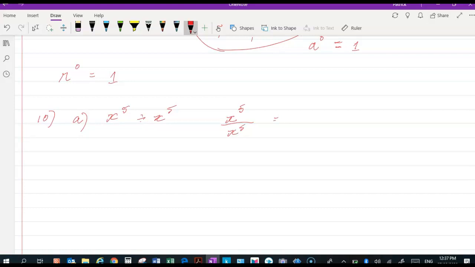And that is written as x times x times x times x times x, 1, 2, 3, 4, 5. So that's over x times x times x times x times x. So they all cancel each other out.